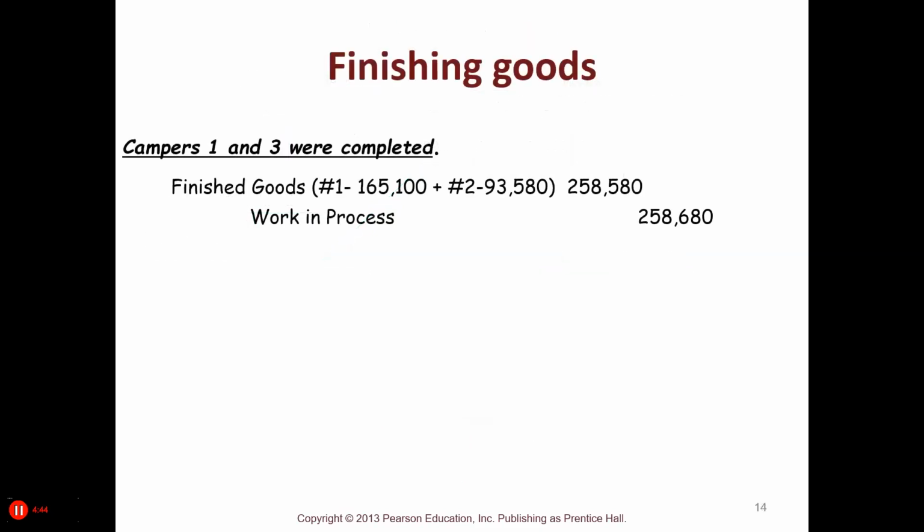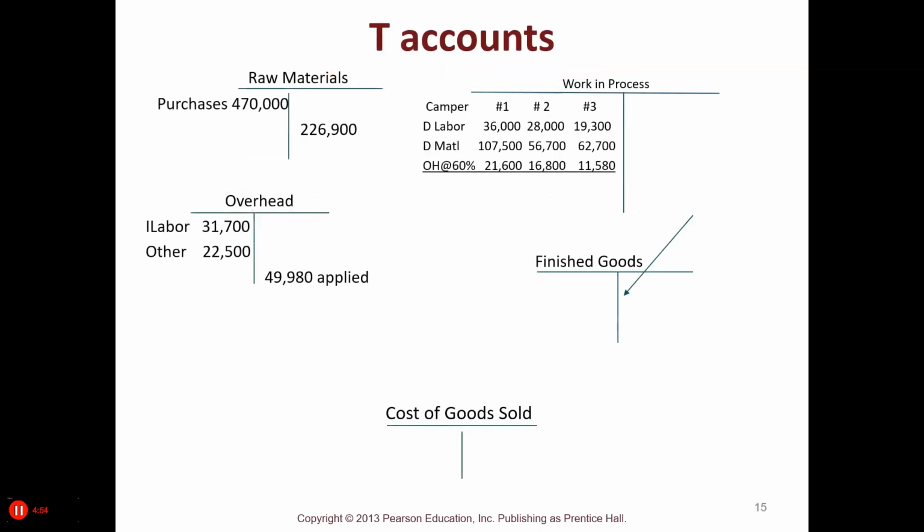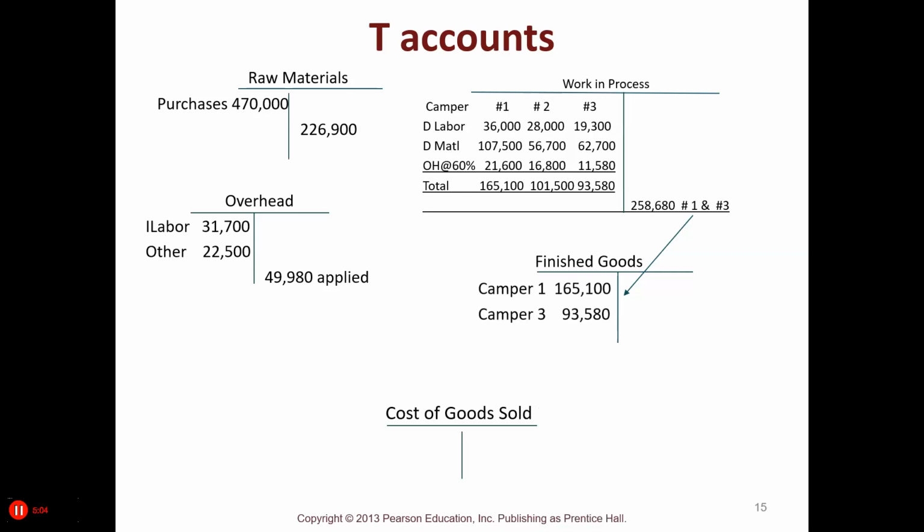Now the next thing that happened was camper 1 and 3 were completed, so they've got to come out of work in process and go to finished goods. So luckily I've kept track of the costs, and what I would do is add that up. The two campers, camper 1 and 3, I would transfer to finished goods. Again, I would keep them separate.